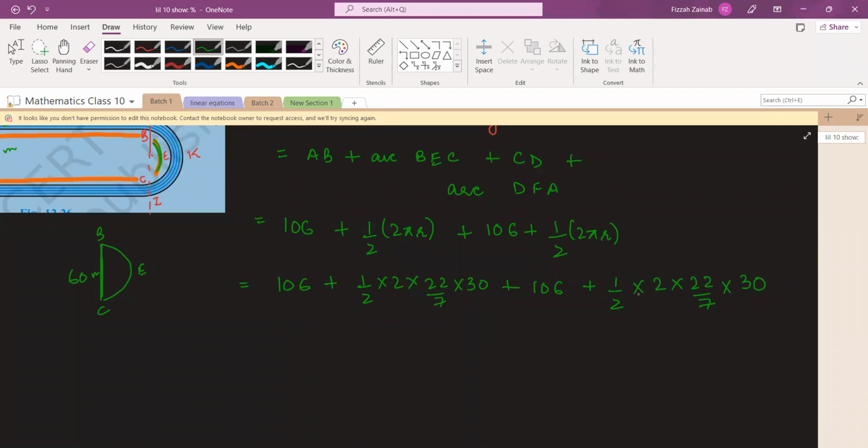So what you can do is 106 plus 106, so multiply by 2, that is 212, plus. Basically this same number is occurring 2 times, so 2 into half into 2 into 22 by 7 into 30. I have just multiplied by 2. So now you can cancel a little bit. So 2 goes out. 230s, right?